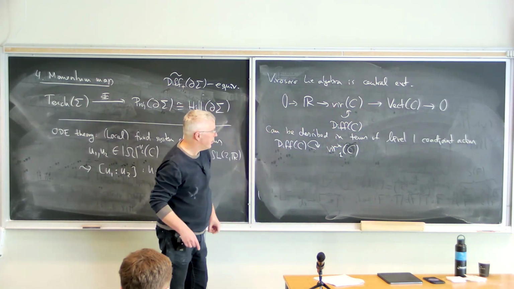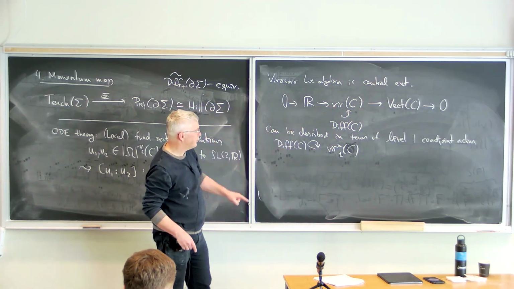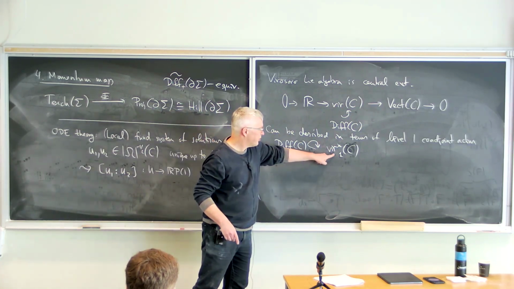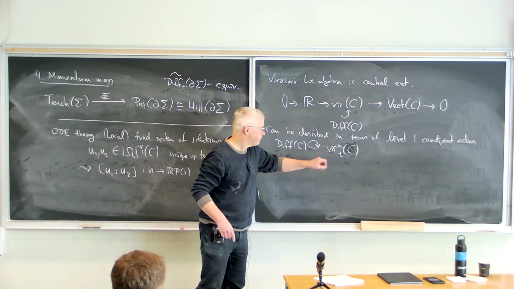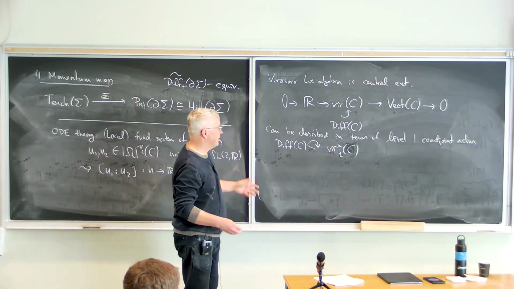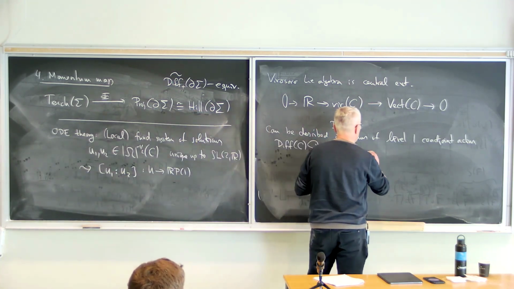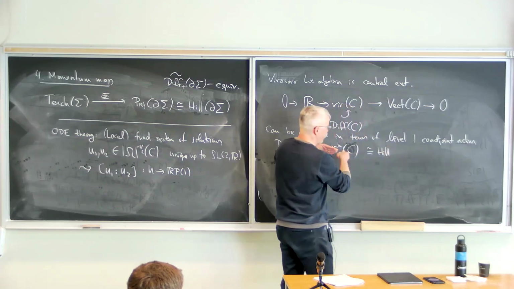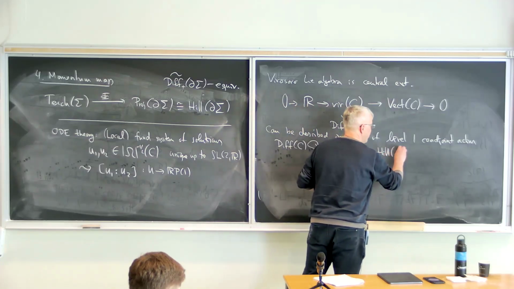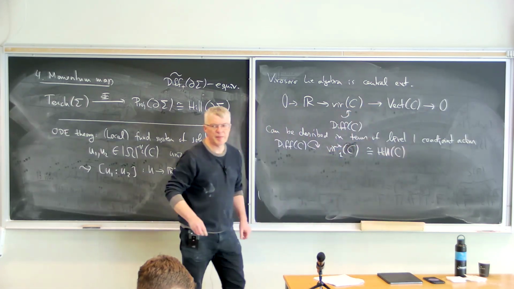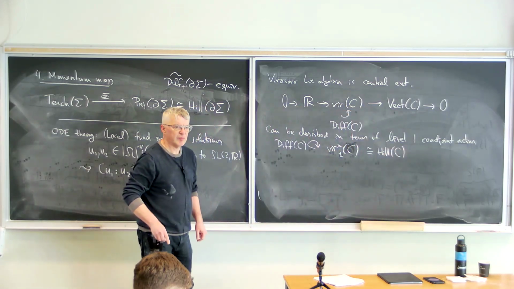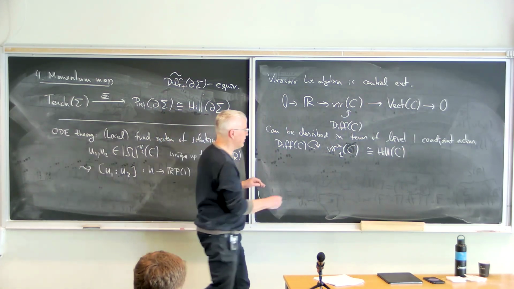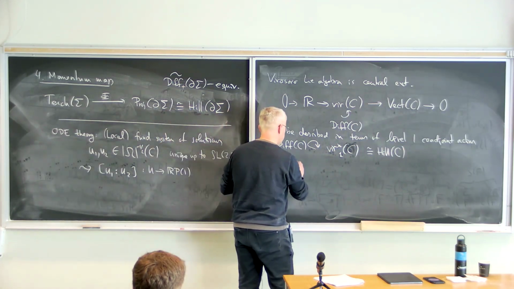Right. And now what's the dual of the Lie algebra of Virasoro? Well, it's again identified. So this is some affine space, and we take it to be the space of Hill operators. And this is correct because this makes sense.